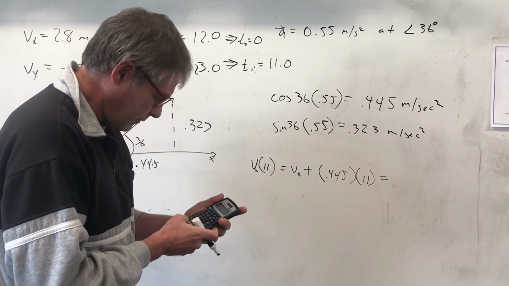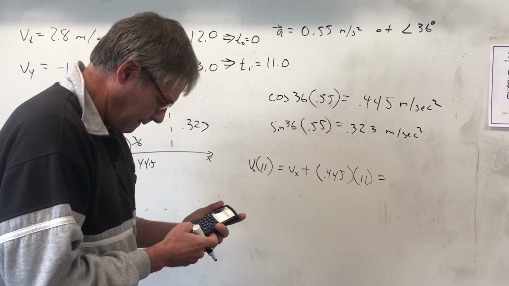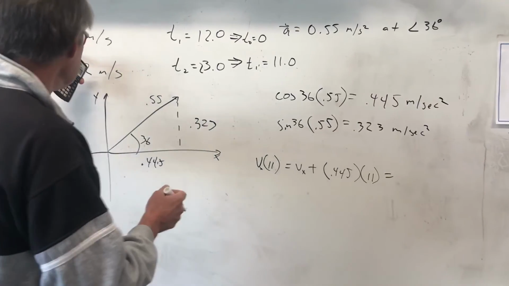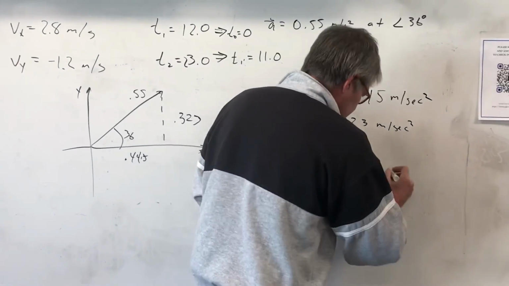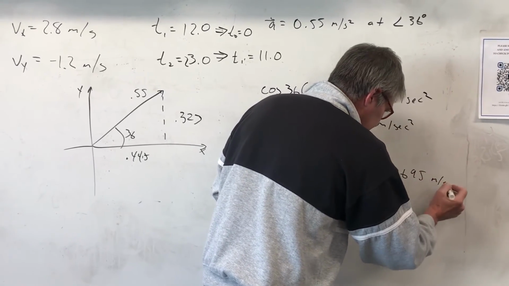If I do the math on that, I get 0.445 times 11 plus the initial velocity, 2.8, which is 7.695 meters per second.